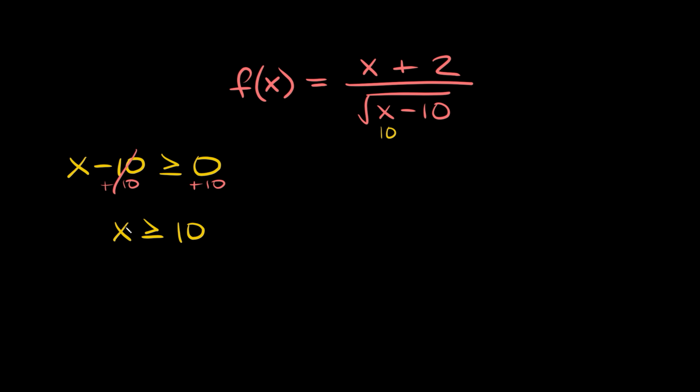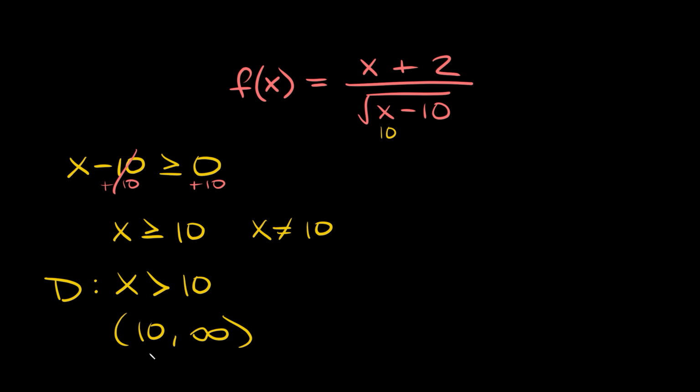So here, even though the square root can be greater than or equal to 10, the fraction part of this whole thing can't be equal to specifically 10, right? So again, here we're going to have to say that x has to be explicitly bigger than 10. Okay, so again, this would be our domain. Or again, if you wanted to write this in interval notation, it'd simply be from 10 to positive infinity.